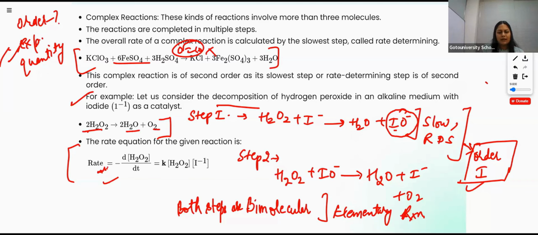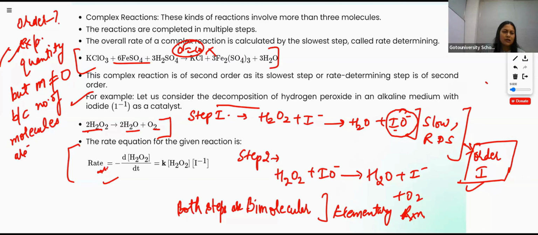And what else? Molecularity of a chemical reaction can never be 0. Why? Because the number of molecules in a chemical reaction is always a whole number.